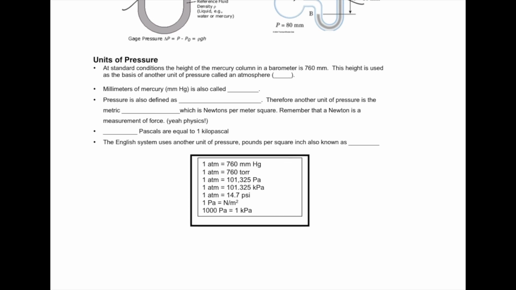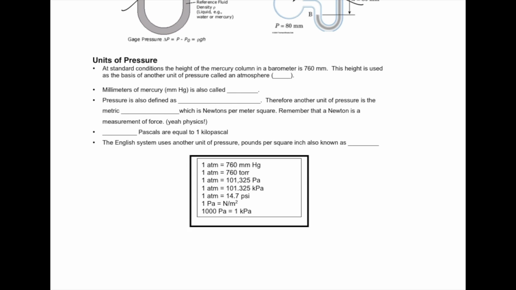All right, now let's talk about the units of pressure. We've already mentioned a couple, but at standard conditions, the height of mercury in a column, we already talked about that, is 760 millimeters, right? That height is used as the basis of another unit of pressure, which is called an atmosphere, which was noted as ATM.